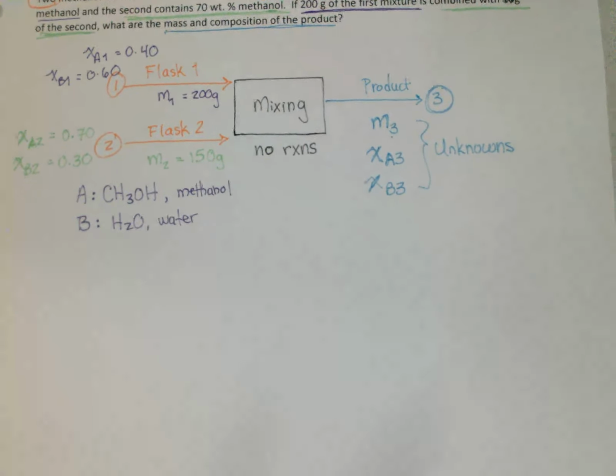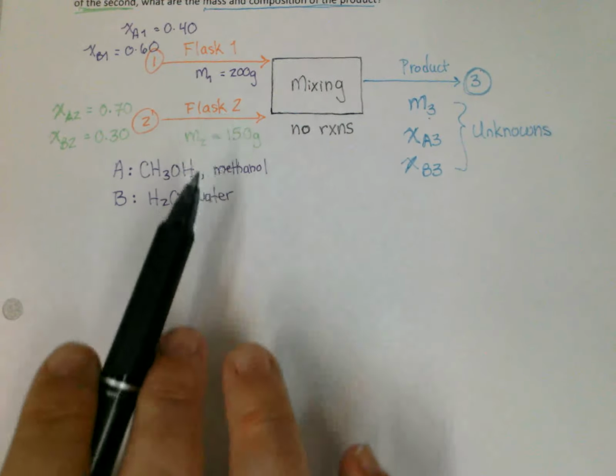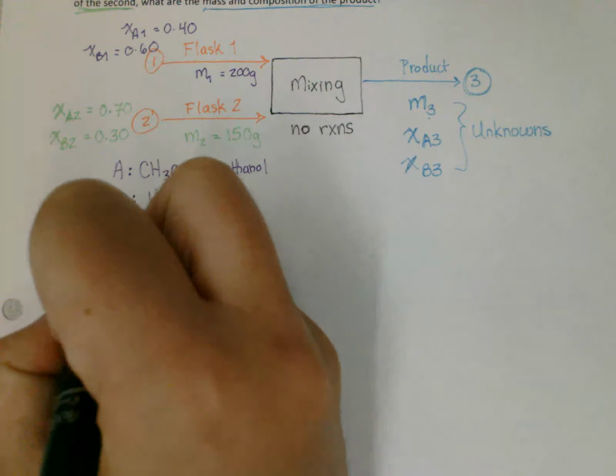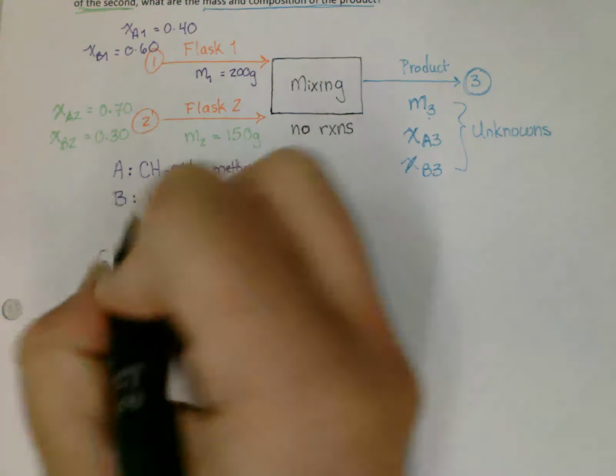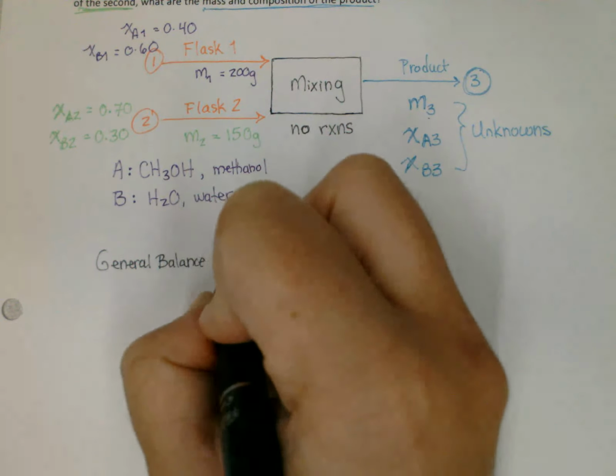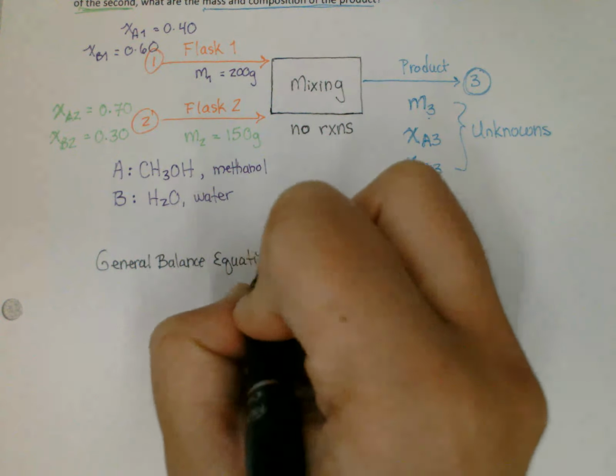Okay? The last thing that we're going to do in this video is we are going to set up the general balance equation. That is the next step in what you do on any problem. You start with a flow diagram, and then you use the general balance equation.